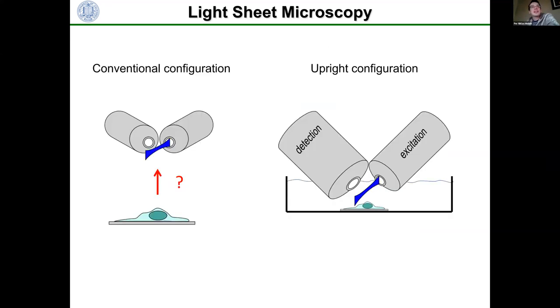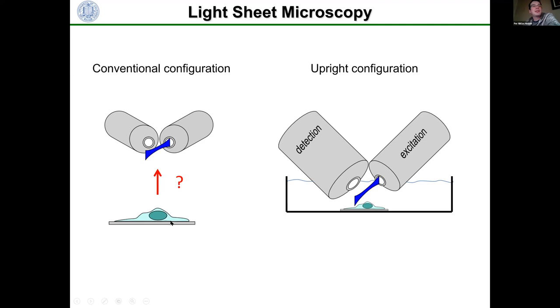The other question is, okay, so typically we have these two objective lenses. So how do we implement this mechanically? How do we put our sample? The light sheet instrument is also very popular for animal imaging, like for example, the zebrafish. So they would be placed in, for example, hydrogel or a cylinder in between the objectives here.